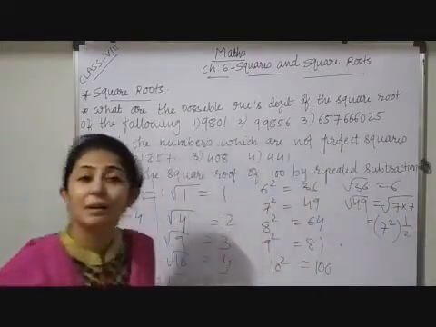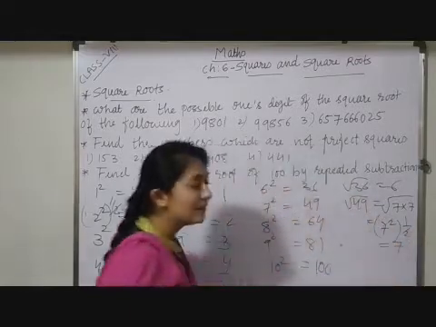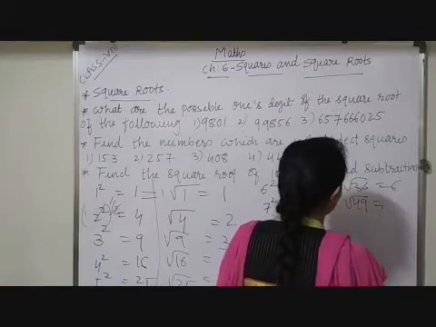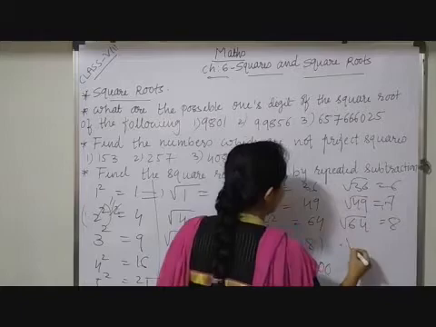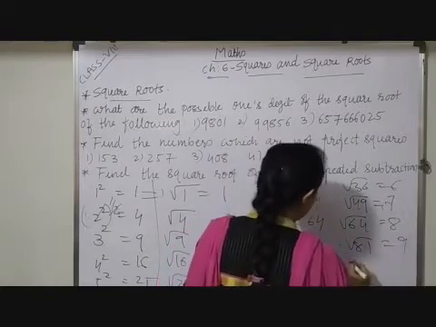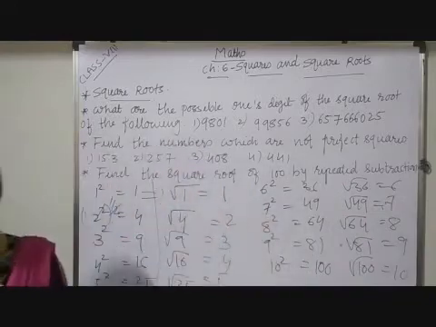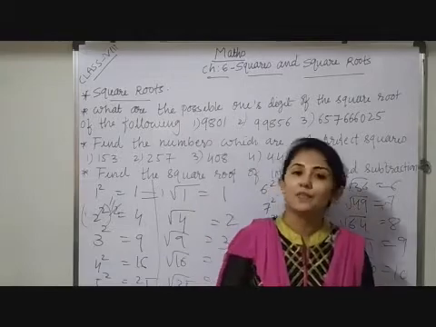In exponents and powers we have studied this property: both cancel out, which equals 7. So root 49 equals 7. Similarly, root 64 is 8, root 81 is 9, and root 100 is 10. I hope it is now understood that square root is just the reverse operation of squaring.